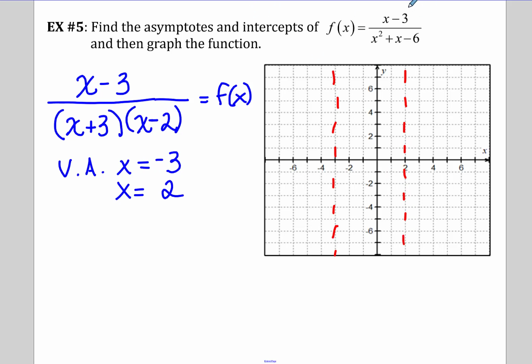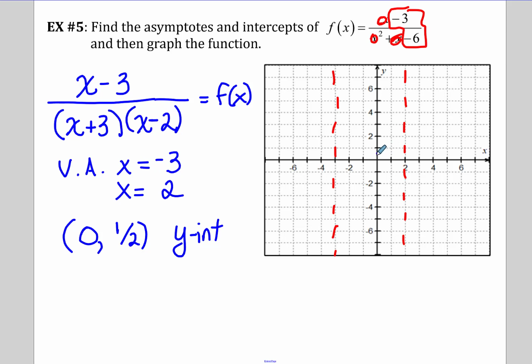Now, here's one thing I like to do. You see that -3 there and that -6 there? If you put a 0 everywhere, then you know when x is 0, the ratio of -3 over -6 is our y-intercept. So we found the y-intercept at 0, 1/2.